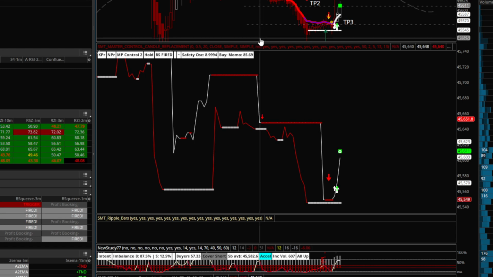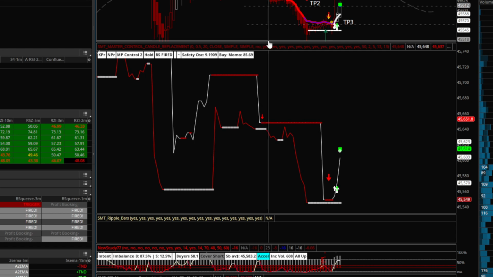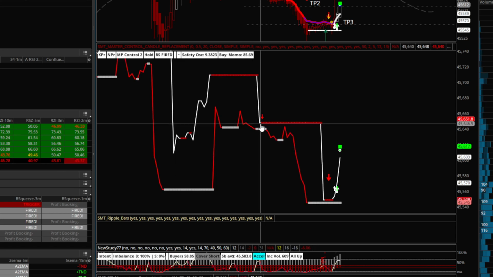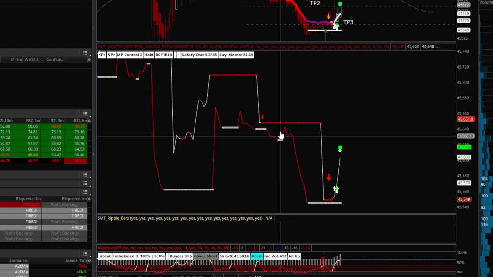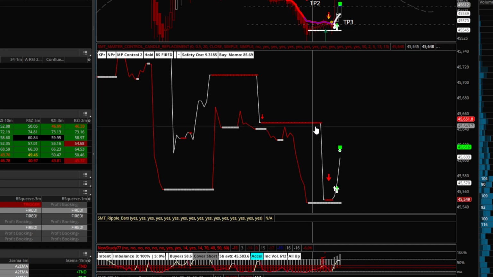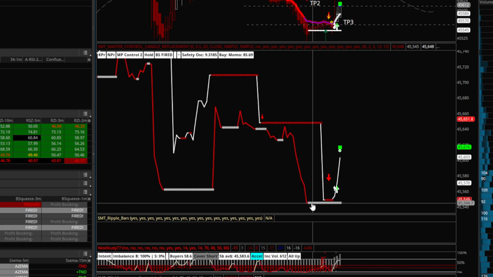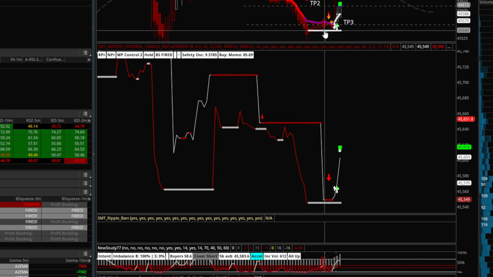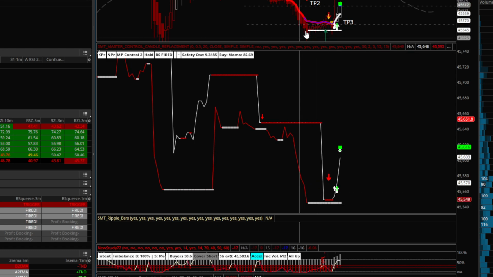They took control for just a second, and then the bears stepped in again and established master control. The sellers had control here and maintained it. You had a little push from the bulls right there, no big deal, and the sellers had control throughout this entire move. Bulls came back and started pushing a little bit here, and that's where you started getting the flag out. But this push didn't go anywhere.